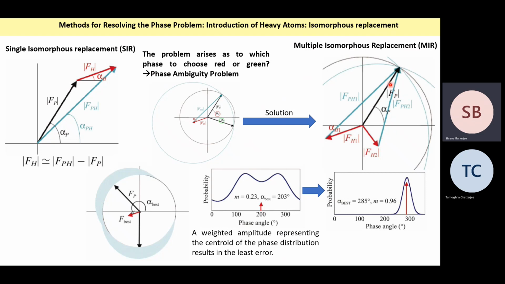If you add these two vectors, FPH1 and FPH2, there is only one possible net vector, and so only one possible amplitude. So the more heavy atoms, the more this phase ambiguity is reduced, and you can predict the phase with more accuracy.